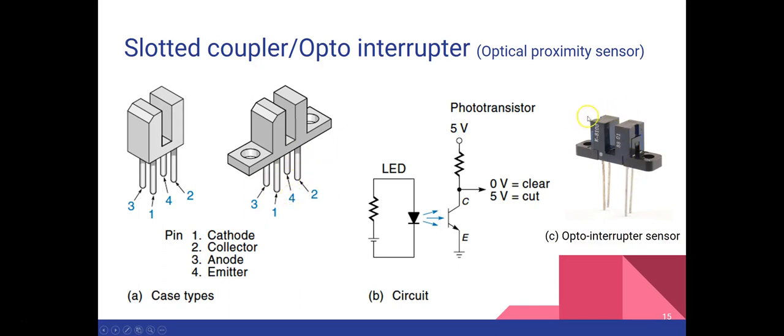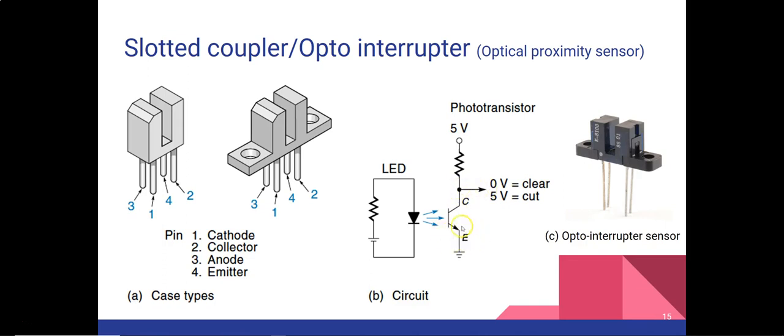On the right you see the real picture of an opto interrupter sensor, and you can see it has 4 legs and each of them has a purpose. In the center you see the circuit for an opto interrupter. In this circuit, 5 volts is connected to the collector of the phototransistor, and the output is taken from this collector side.